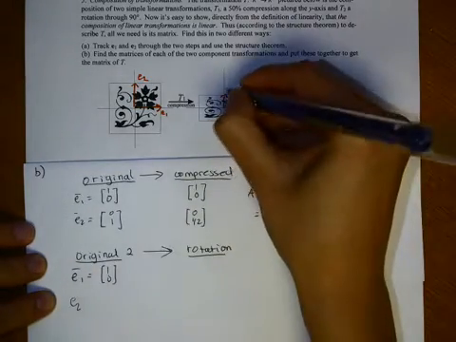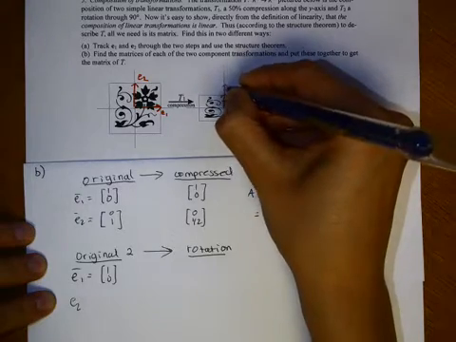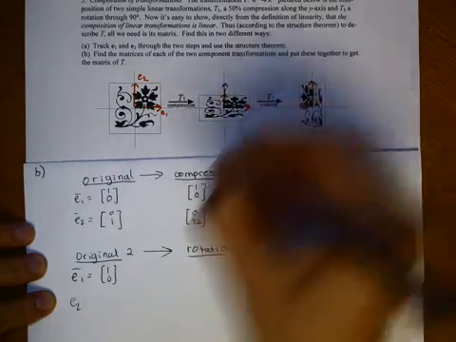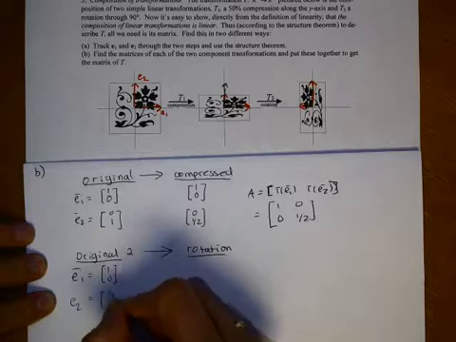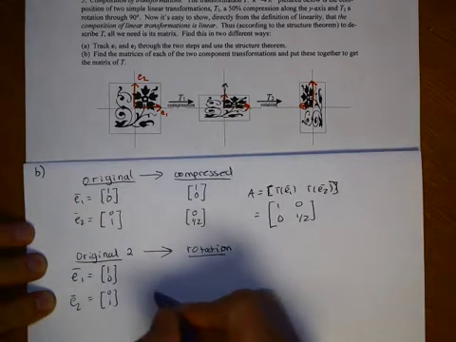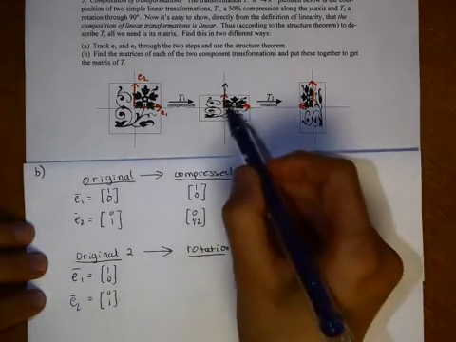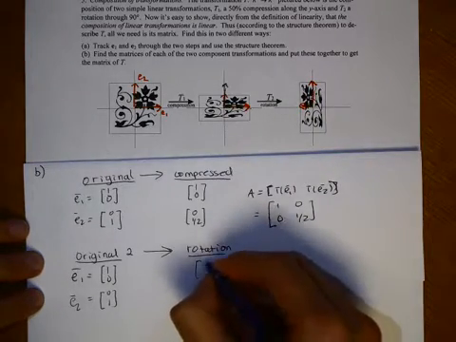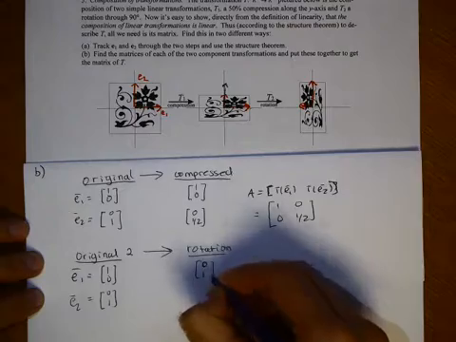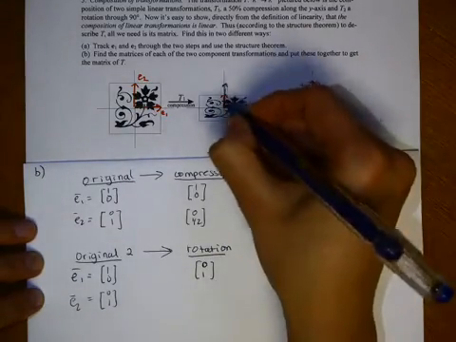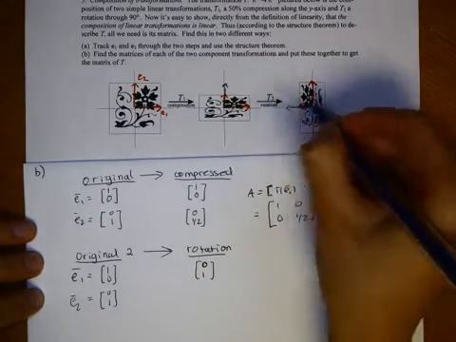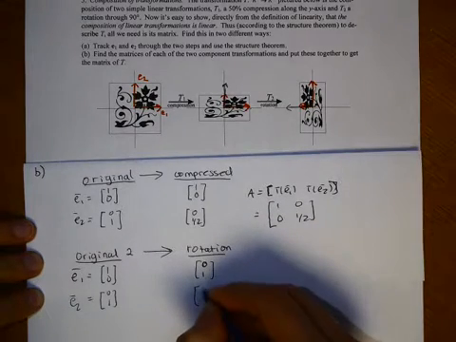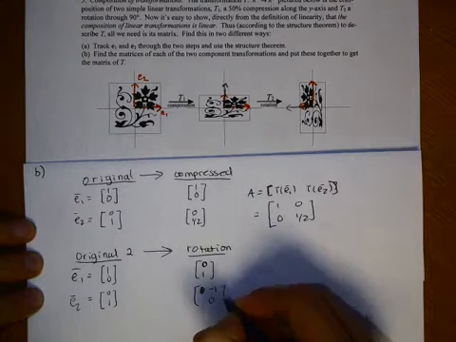And our E2 vector is actually going to go up to here, because our E2 vector is equal to (0, 1). And now when we rotate, our E1 vector goes up to there. So we have (0, 1). And our E2 vector goes out to here. So we have (-1, 0).